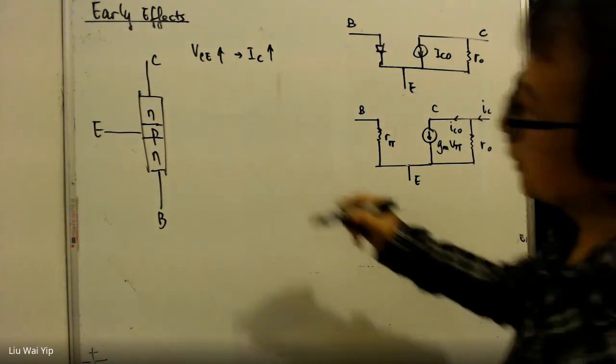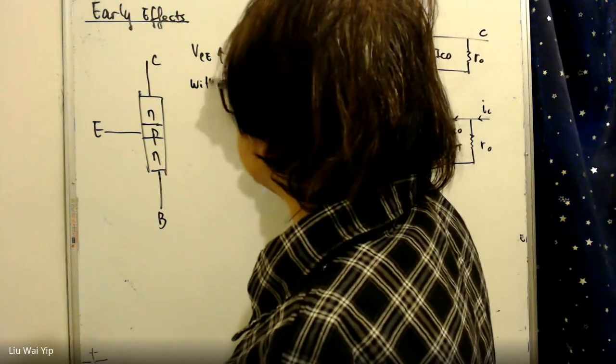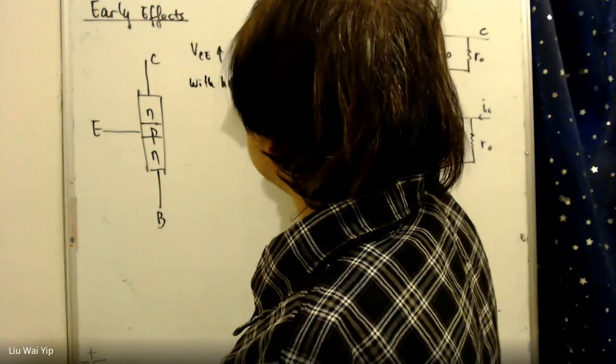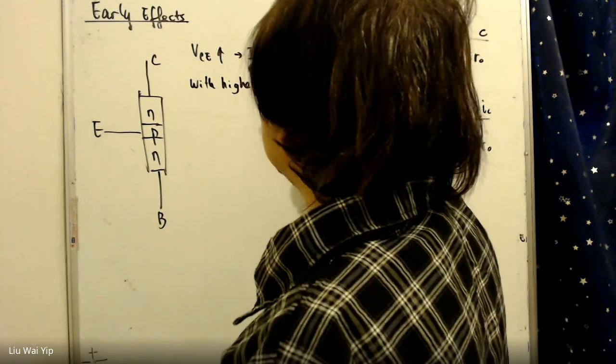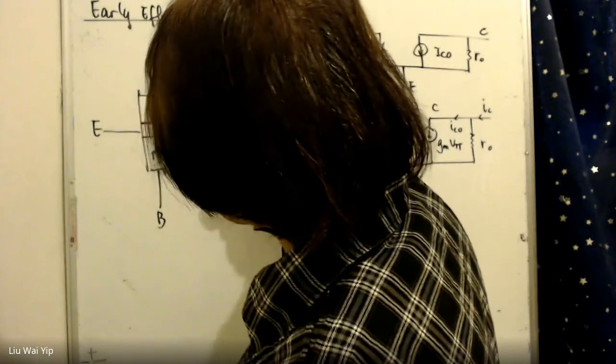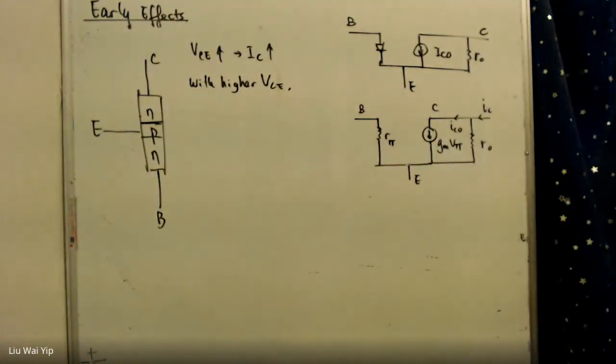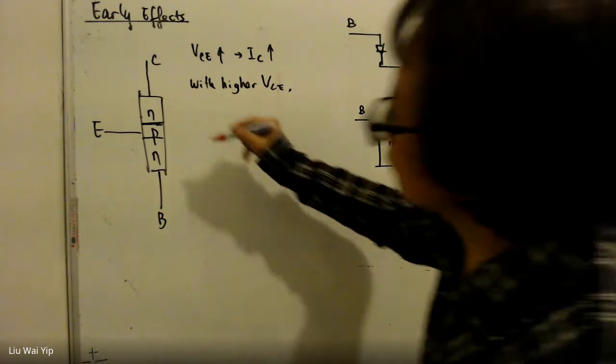The reason is that with a higher VCE, you have a larger depletion region, a thicker depletion region here.